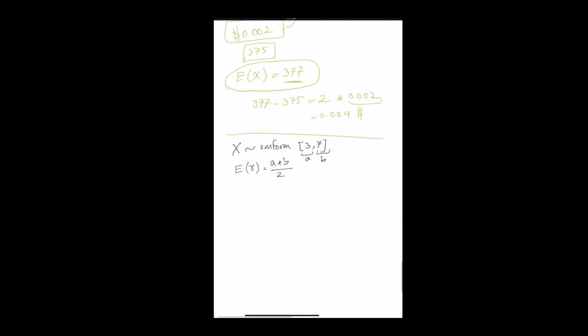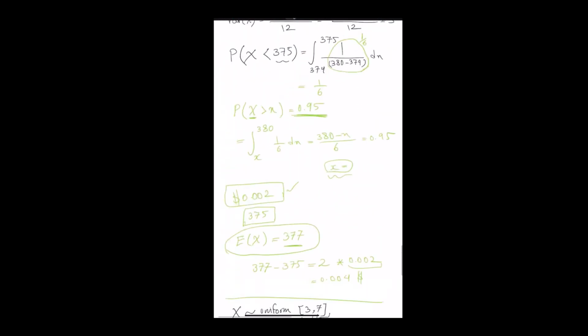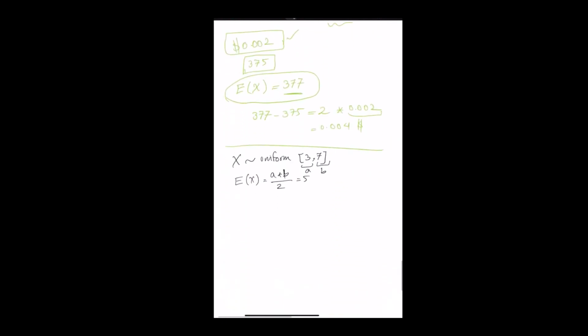What is the variance of this? Here the average is 5. The variance, you know how to calculate it. We just calculated that for this one. B minus A to the power of 2 divided by 12.